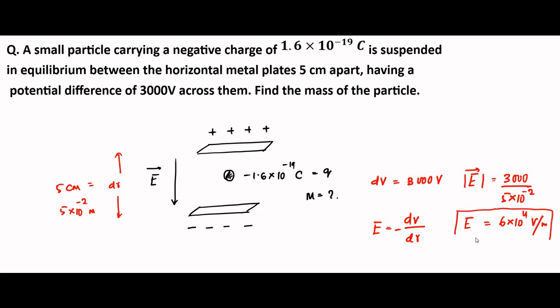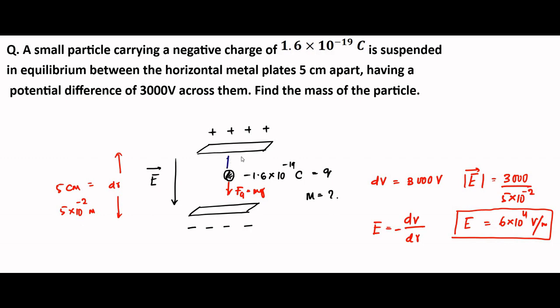Now we know that whenever such a situation is there, it is said that it is in equilibrium. Equilibrium means it is not moving either upwards or downwards. It means two forces are acting on it. Because of its mass and acceleration due to gravity, a downward gravity force mg, and as it is a negative charge, it will experience a force of repulsion from the negatively charged plate at the bottom.